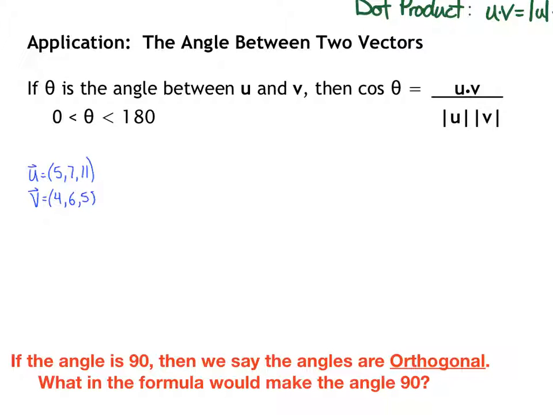Alright, so I don't know what exactly these look like. This could be vector u, and this could be vector v. This is in 3 dimensions. Again, it's hard to draw 3 dimensions on a flat surface.